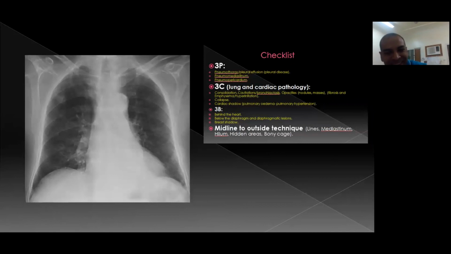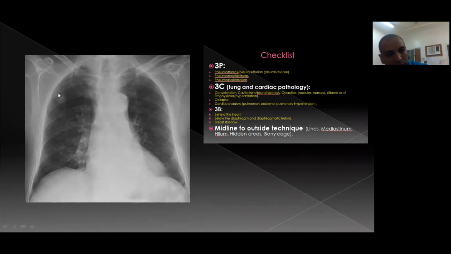Dr. Ali is here. Dr. Muhammad, there is some nodularity on the right side, like a nodular shadow. Yes, you are right. Well done. In the right upper lung zone, we have a nodular opacity.